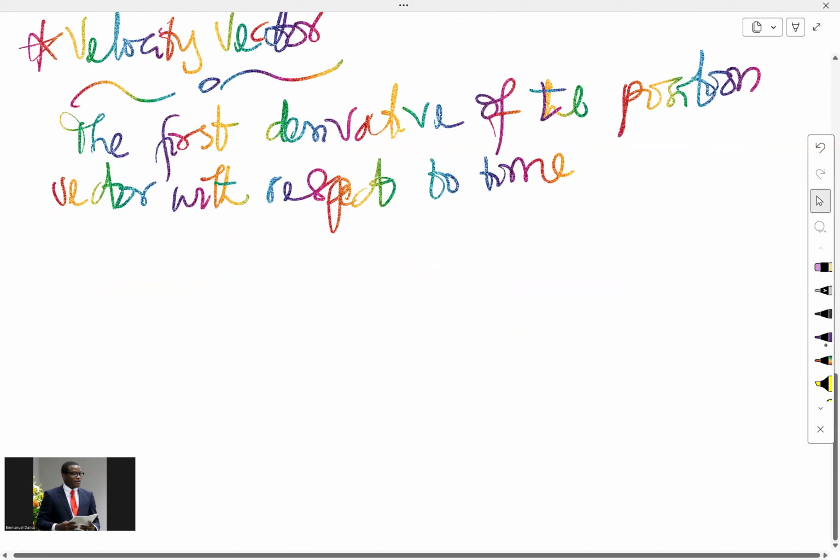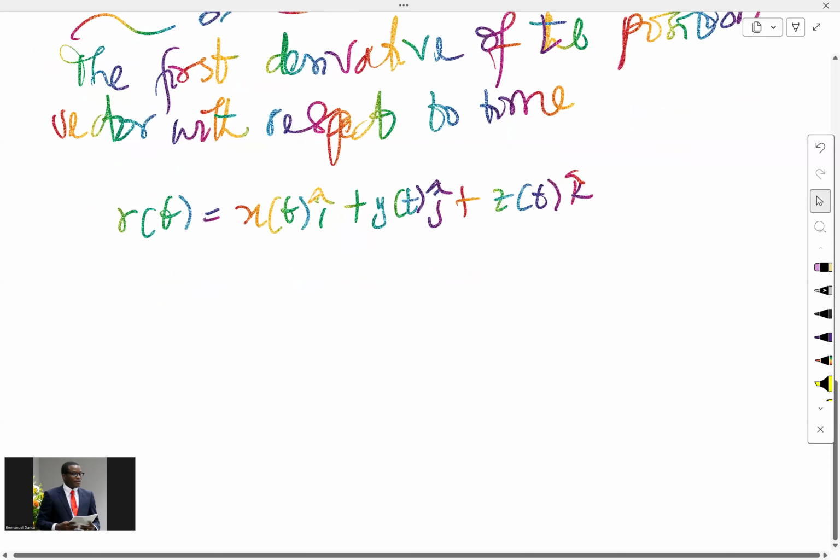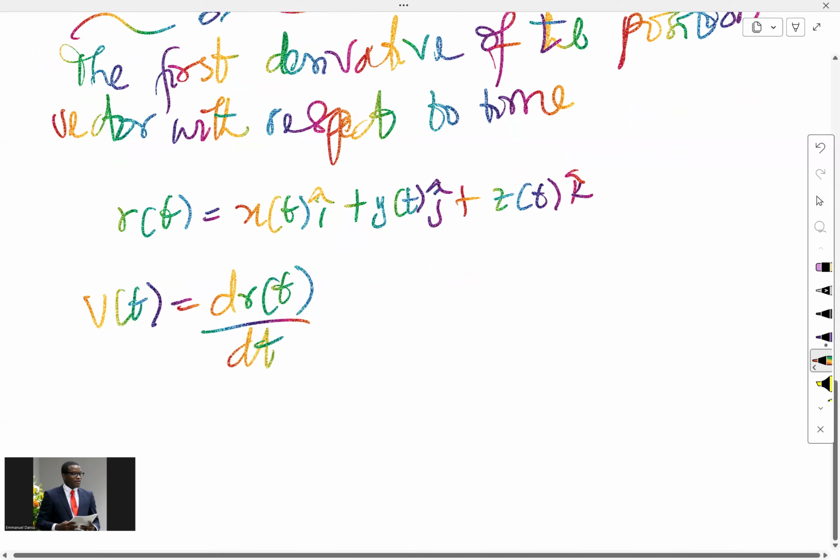So you have position vector as r of t, which is x of t i plus y of t j plus z of t k, right? So the velocity vector now, v of t, is simply dr of t by dt, simply the derivative of the position vector.